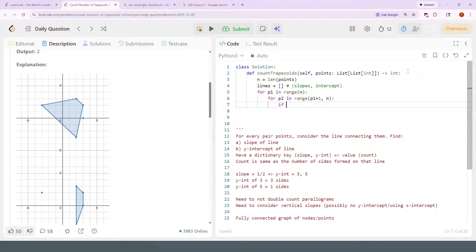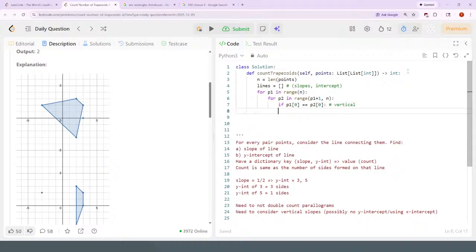So if p1's x-coordinate is equal to p2's x-coordinate, this is a vertical line. Then I need to find the y-intercept, or the x-intercept. Well, the x-intercept is the x-coordinate, right?